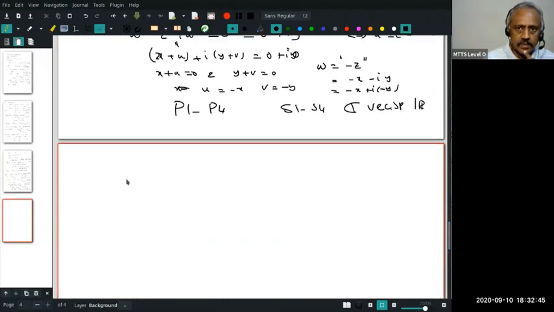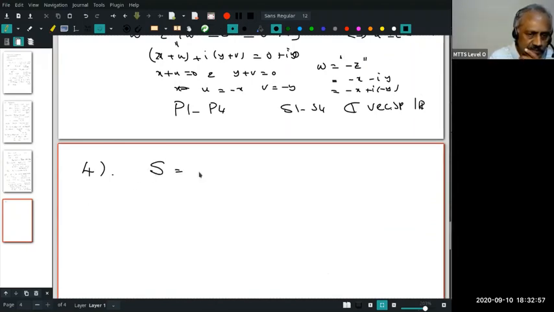Now let's look at the fourth example. The fourth example is the set of all real sequences.